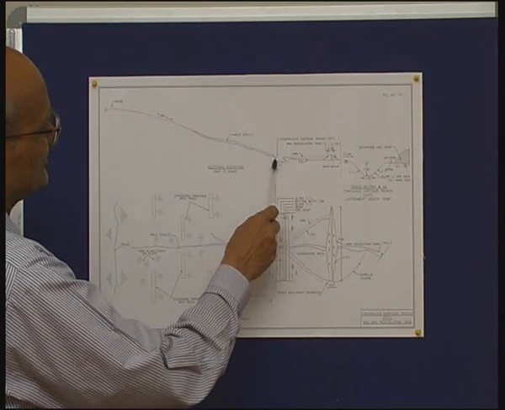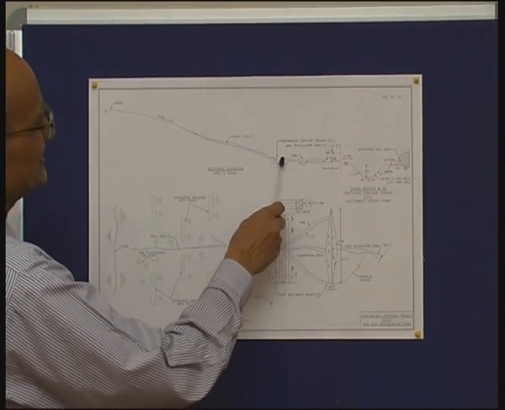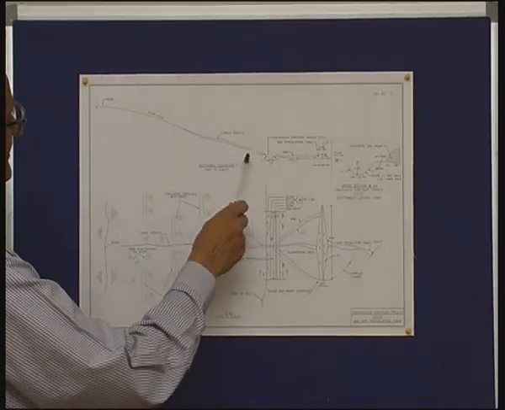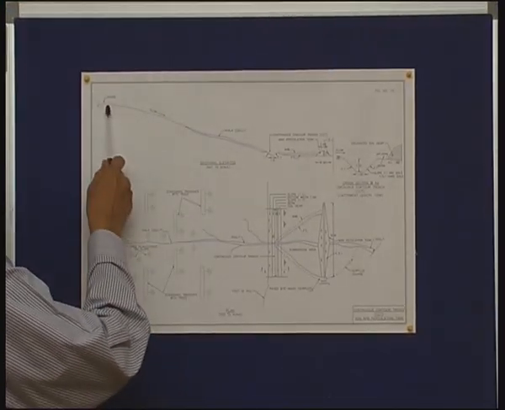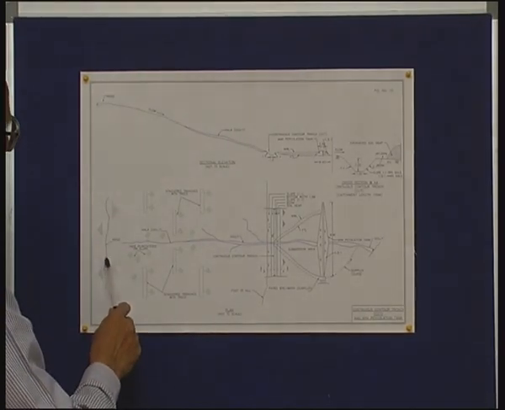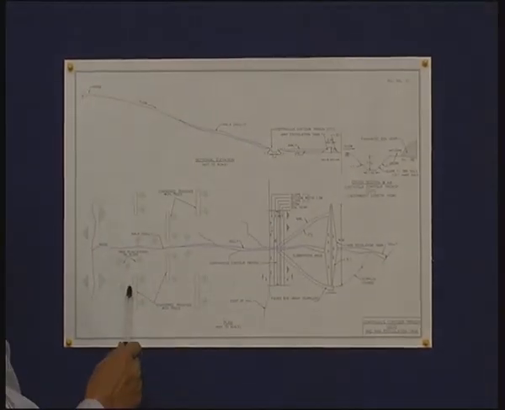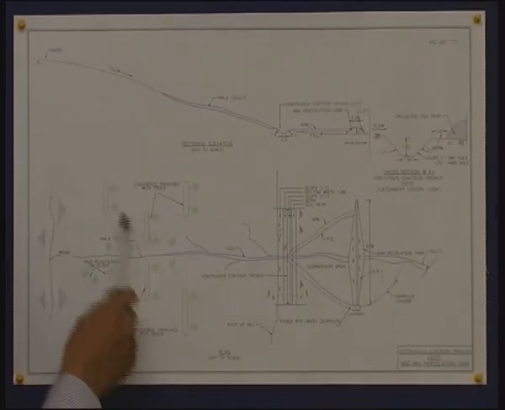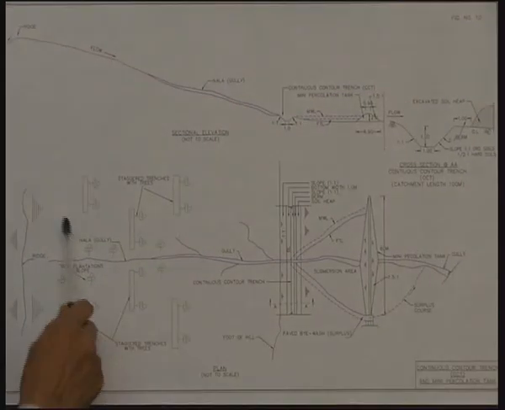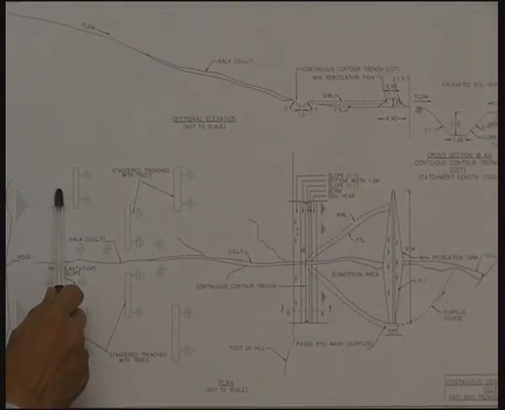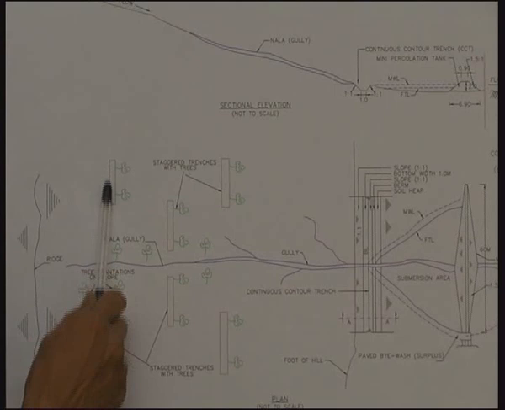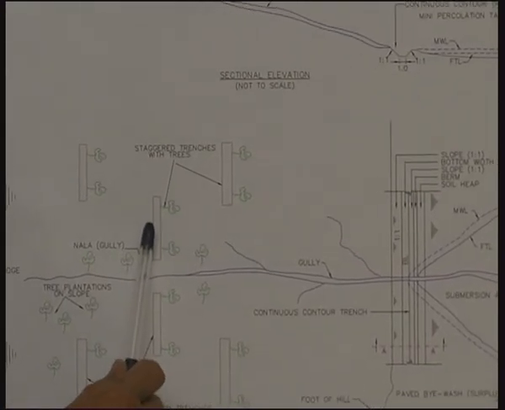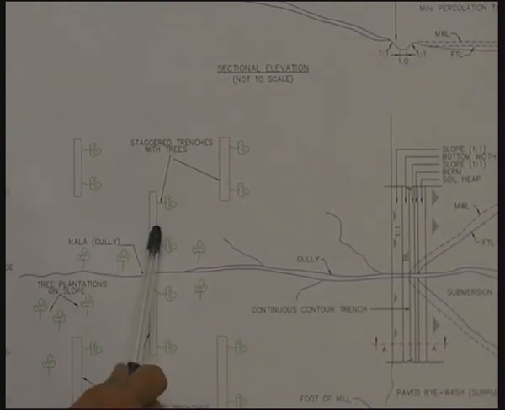We can do that continuous contour trench, CCT, at the foot of the hills, but what is it that has got to be done along the slope of the hill? For example, in the plan here, we have indicated staggered trenches, which means the rainfall runoff would get collected here, and the rainfall runoff here would get collected here, and this is staggered.